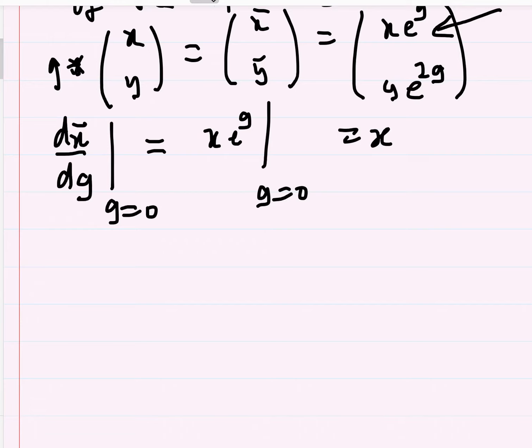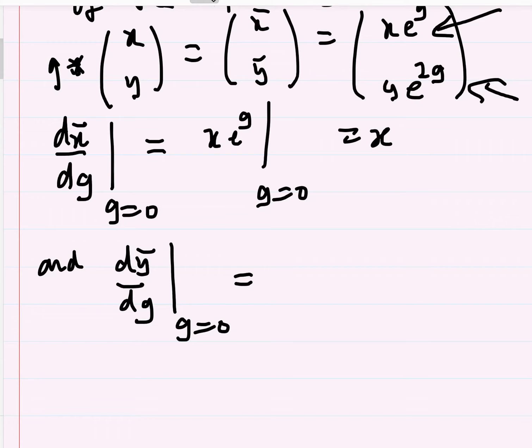Then if you differentiate y bar, which I called x2 previously, with respect to g at g equal to 0, first do the differentiation: you get y, differentiate e to the 2g, you get 2e to the 2g, and evaluate that at g equal to 0. This is then 2y.